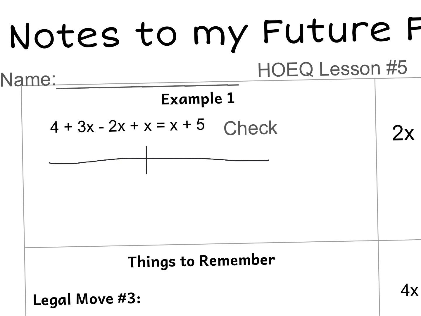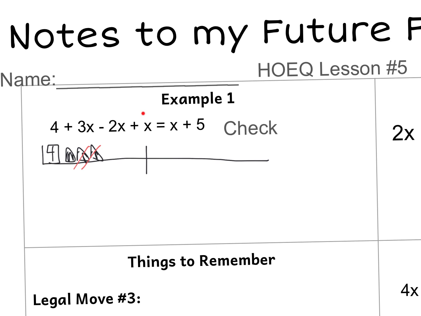On my left side, I'm going to start with a block of 4, and then I'm going to have 3 triangles. And then here's where it's a little bit different. Here, we see we have that -2. What that actually means is I'm going to take my 3 triangles, and then take away 2 triangles.